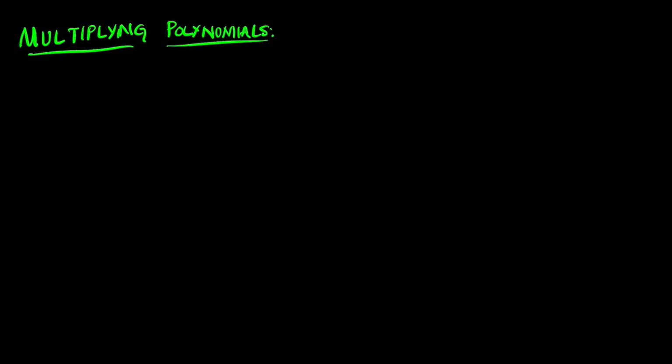Next, let's discuss how to multiply polynomials. The most common way of multiplying is by using the distributive property.